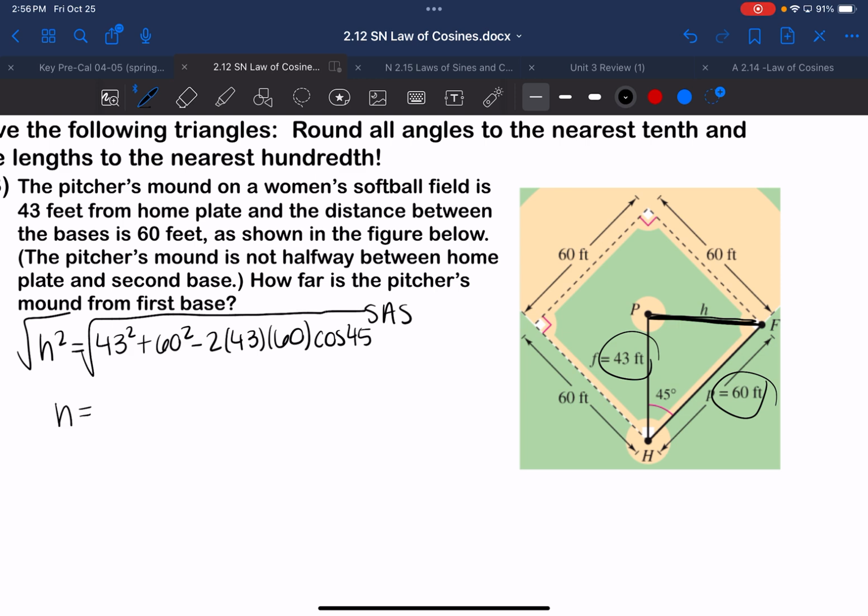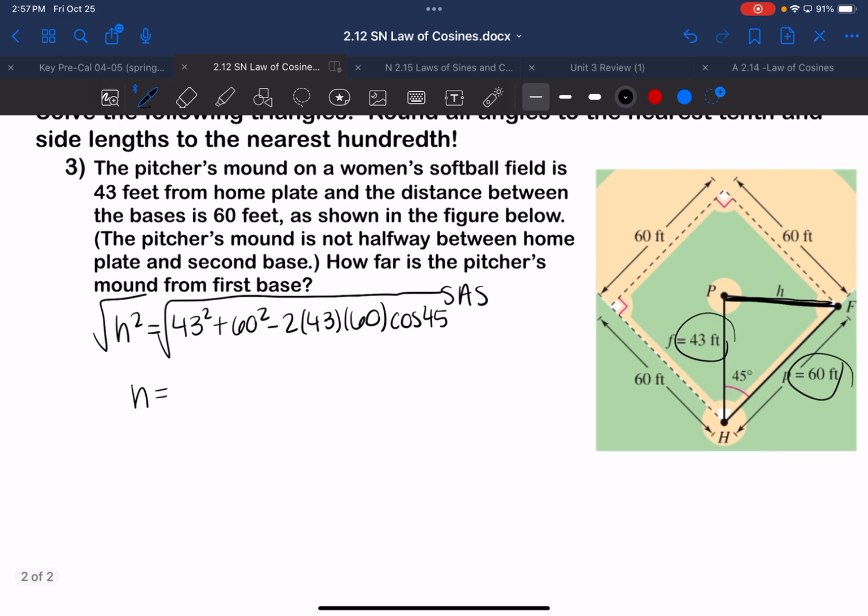So what are we going to get for h? I got 42.43. Yeah, okay. All right, perfect.